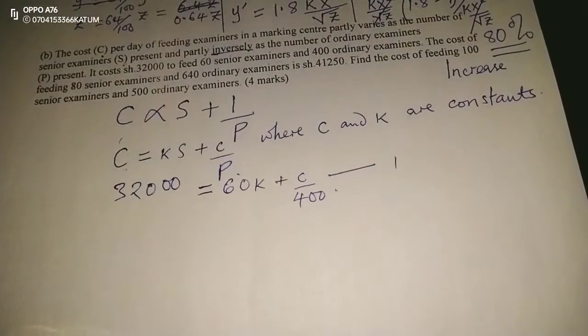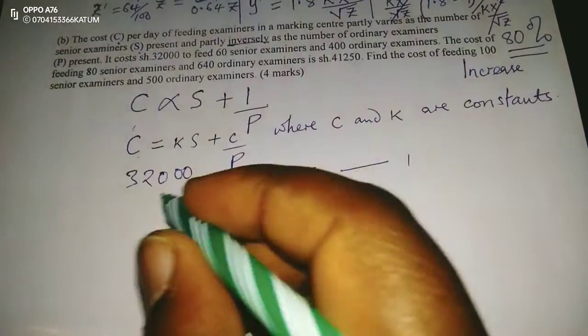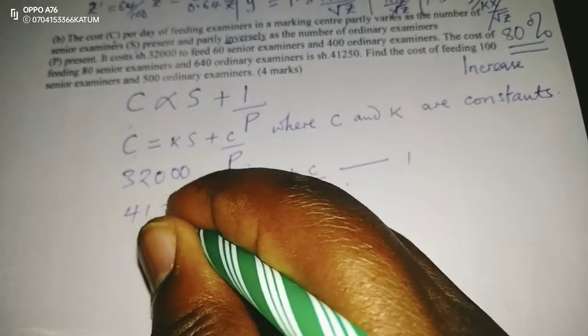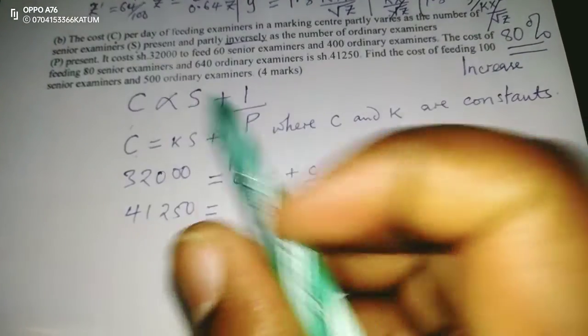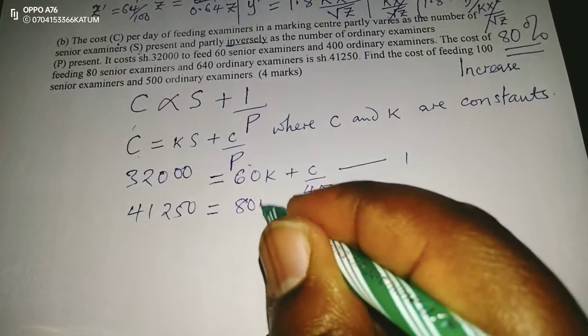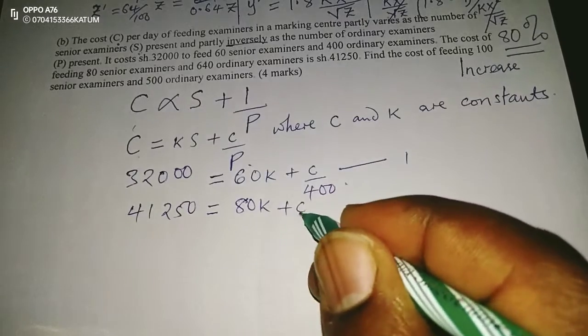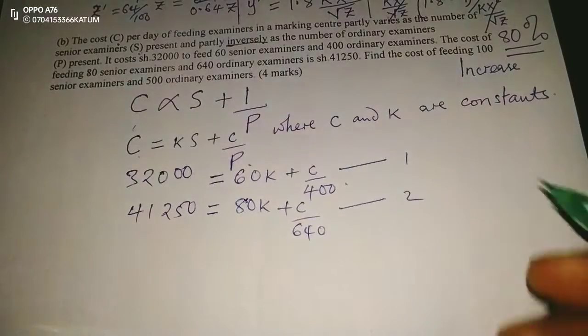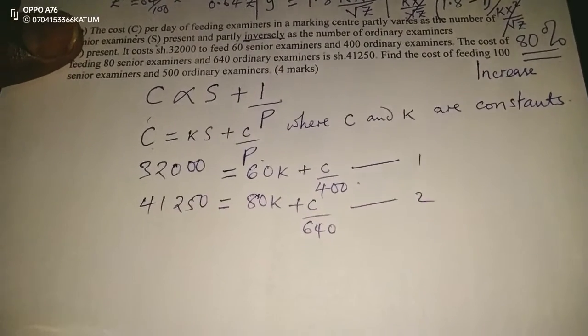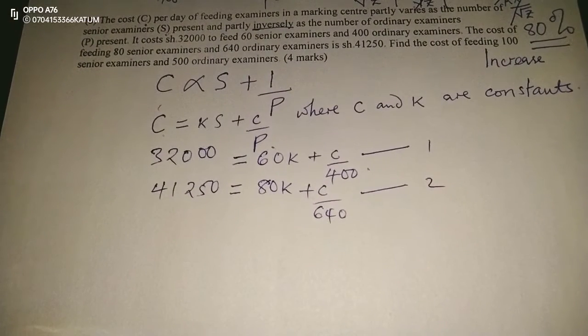This is equation 1. And for equation 2, we have 41,250 equals, that is to feed 80 senior times K plus a constant out of 640 ordinary examiners. So now with these two equations, we can solve them simultaneously and we will be able to find the two constants.